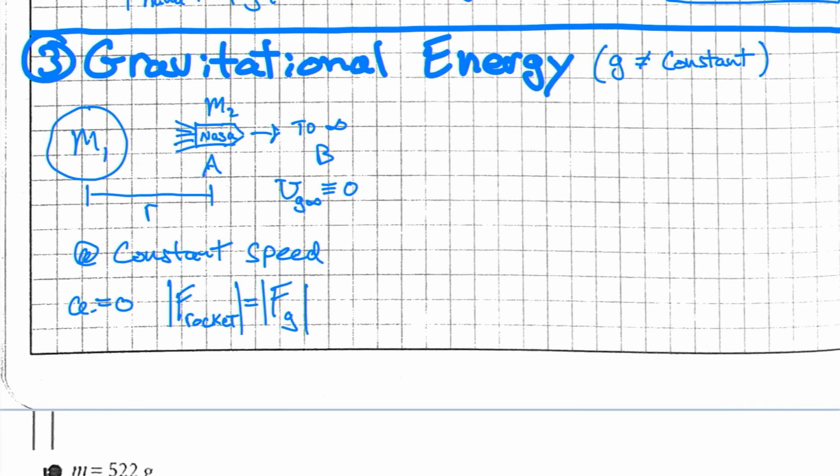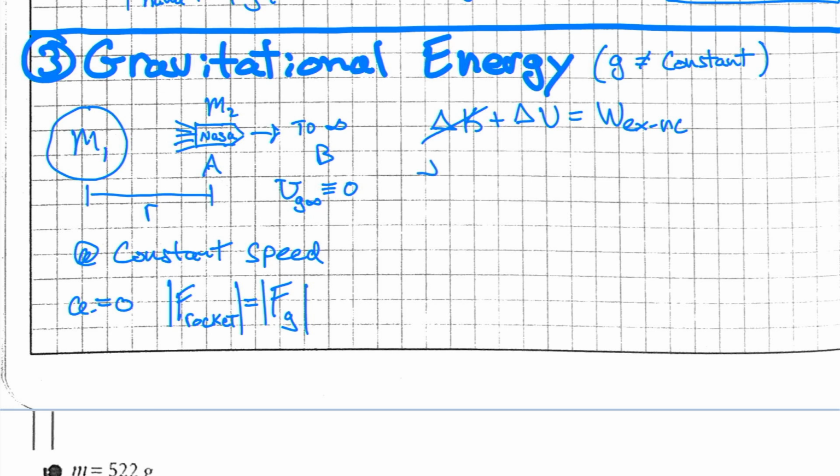Now for this derivation, I'm only going to do this one way, and that's starting with delta K plus delta U equals work external non-conservative. Because we're not changing speed, our delta K is going to be 0.